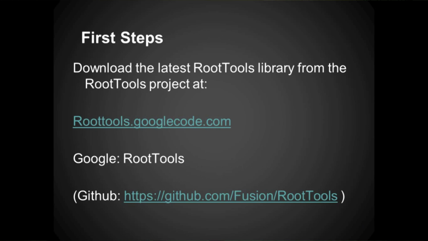So the first step to add the RootTools library to your application is to download it. The main project is on Google Code. You can find it at roottools.googlecode.com, or you can just Google RootTools and it'll be the first link. We also have a version on GitHub as well, which is maintained by Chris right over here.